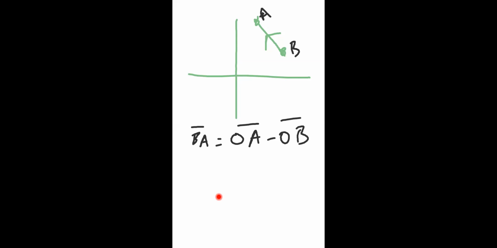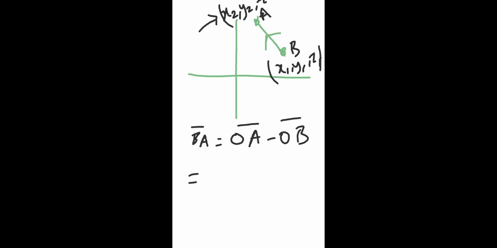Given any value, say the value of A is something like x2, y2, z2, and this one is x1, y1, z1. Then how can you write it? Simply, what is the positional vector from the origin?